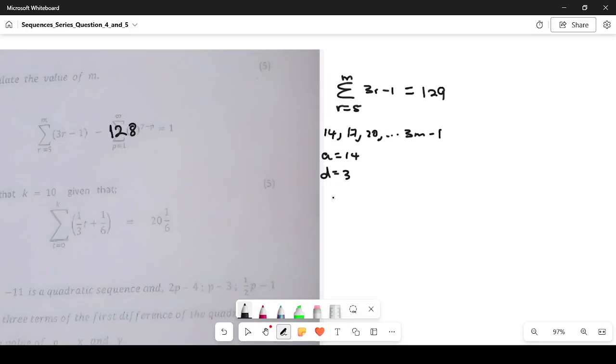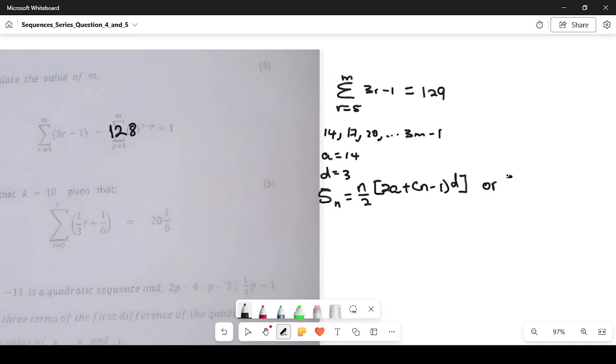Once I have that, I can use my formula to find the sum of linear sequences, which is n divided by 2, then 2a plus n minus 1 multiplied by the common difference.